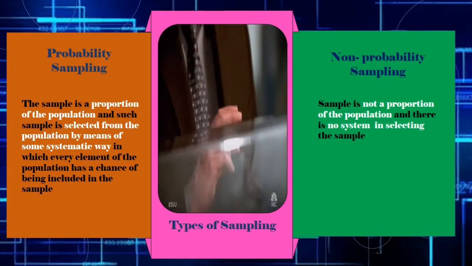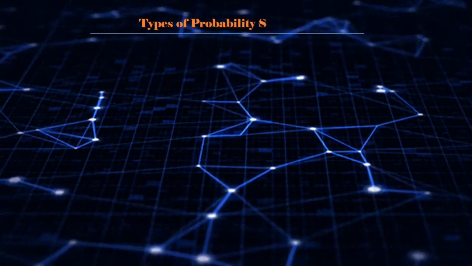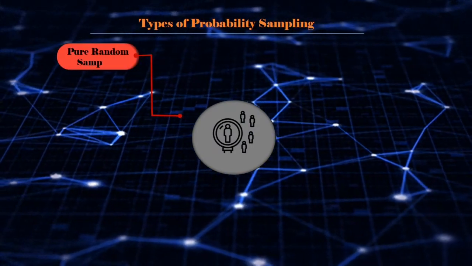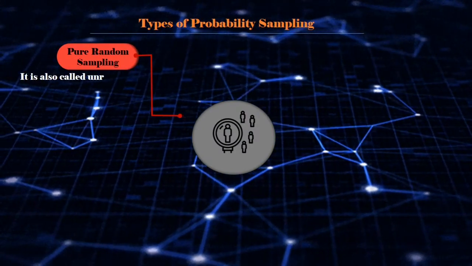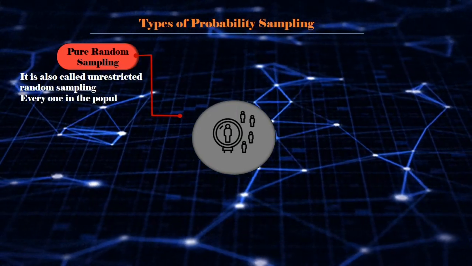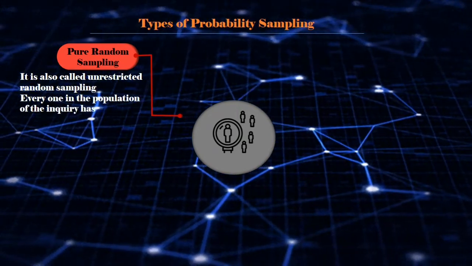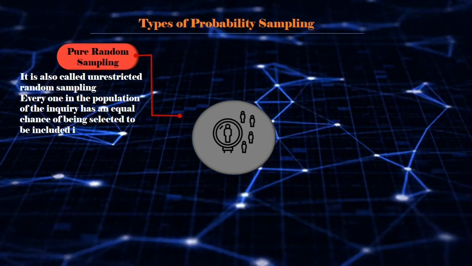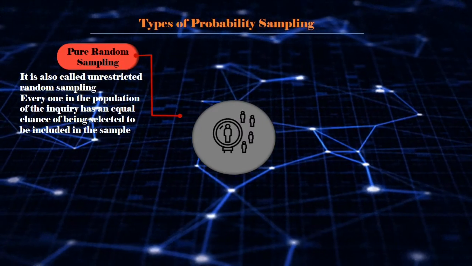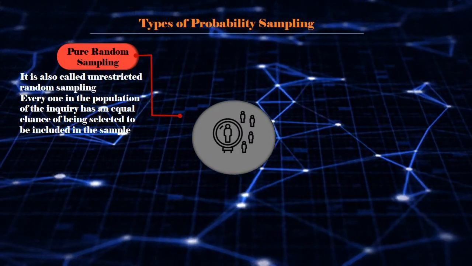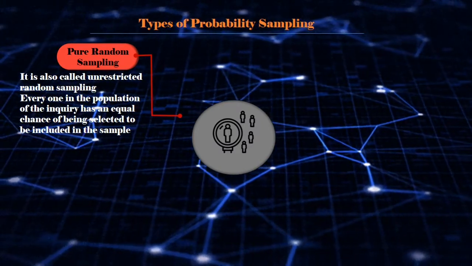Now let's discuss the types of probability sampling. One is pure random sampling. It is also called unrestricted random sampling, where everyone in the population of inquiry has an equal chance of being selected to be included in the sample.